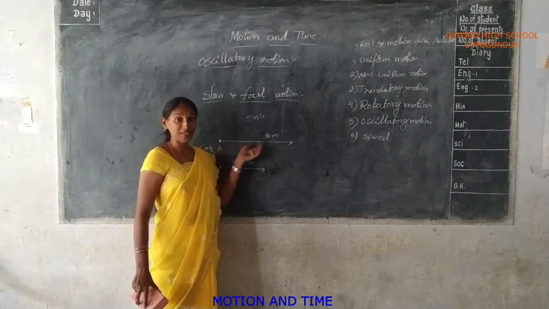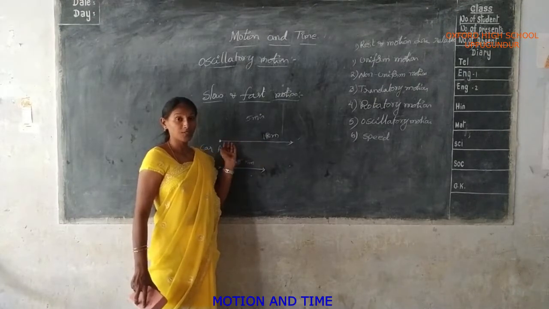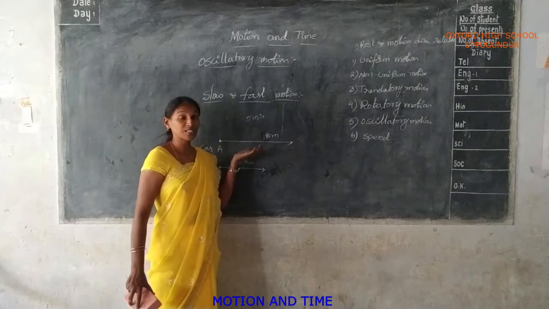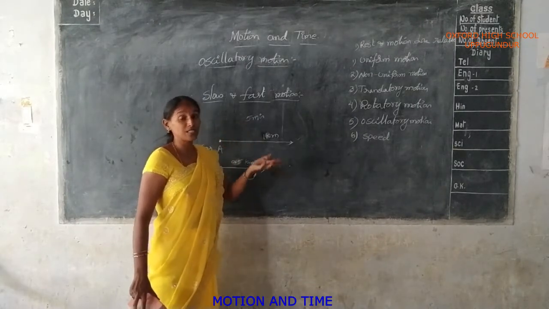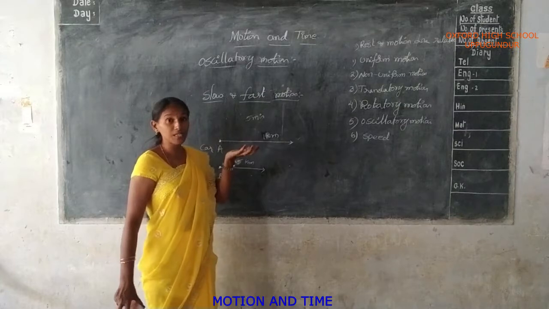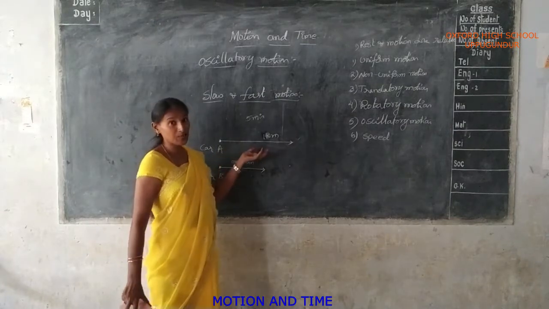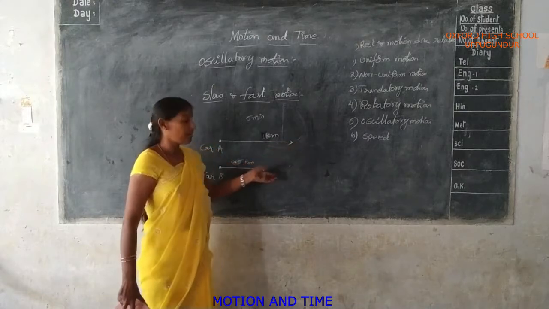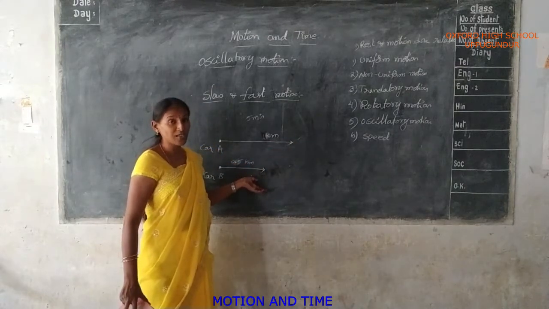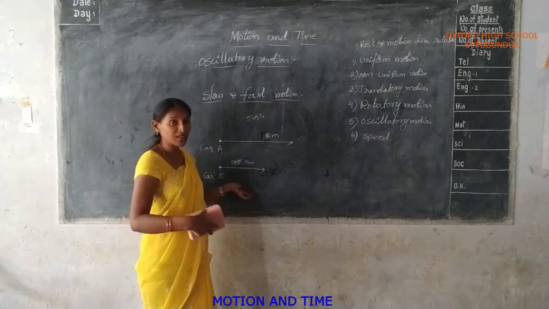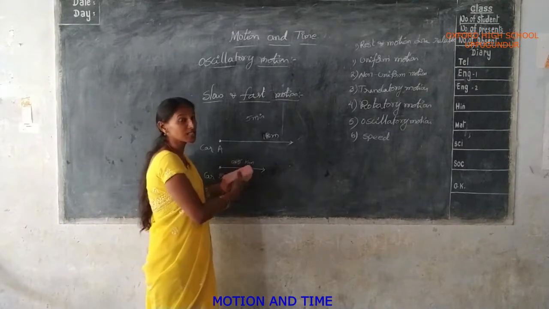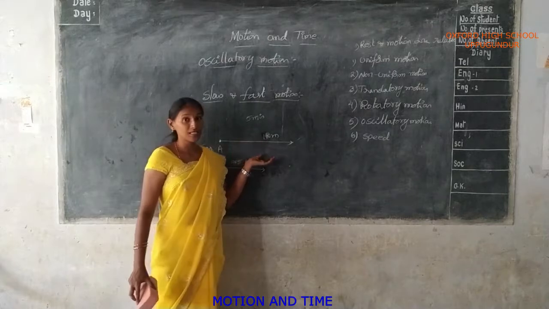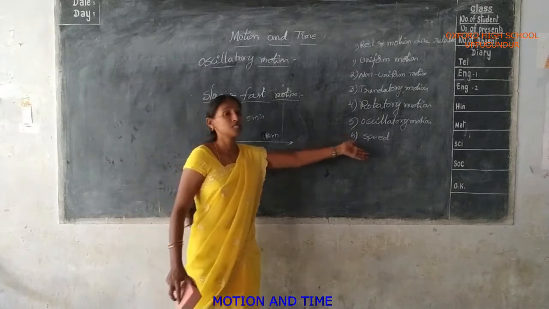So there is speed. The car that is moving very fast is moving at very high speed, more than the other. That's why it reached 1 kilometer. But in this one, the speed is very slow, so it reached less distance. So automatically we are discussing the next topic, which is speed.